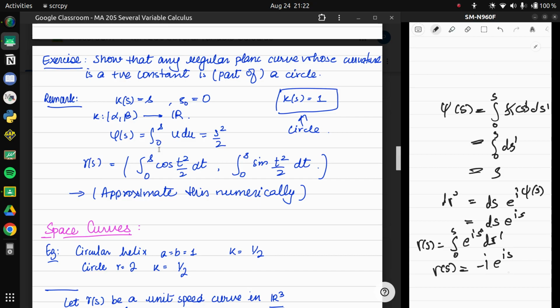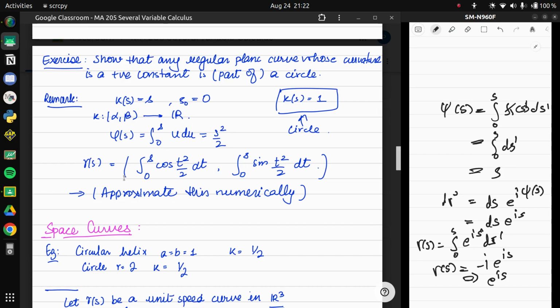So that is the thing: negative i e power i s. Now you can rotate this, right? So you can multiply this by iota because that's one sort of rotation. What that would do is make this equivalent to e power i s. And guess what that is? That's a circle. Yeah, that was not bad, huh?